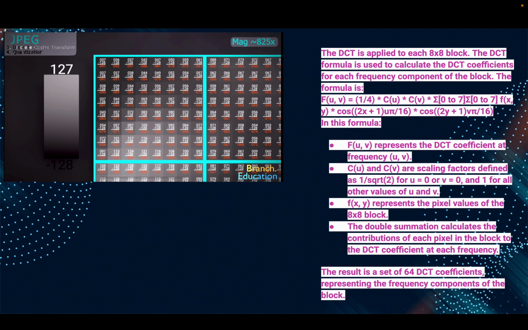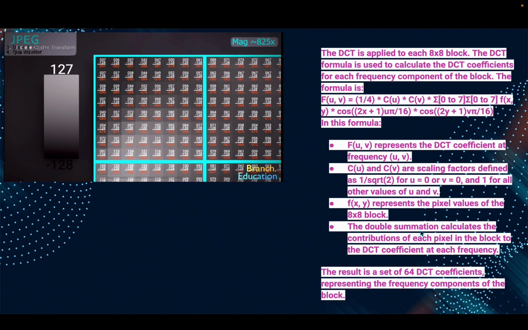The DCT is applied to each 8 by 8 block. The DCT formula is used to calculate the DCT coefficients for each frequency component of the block. In the formula, F(u,v) represents the DCT coefficient at frequency (u,v). C(u) and C(v) are scaling factors defined as 1 by square root of 2 for u equal to 0 and v equal to 0, and 1 for all other values of u and v. f(x,y) represents the pixel values of the 8 by 8 block.